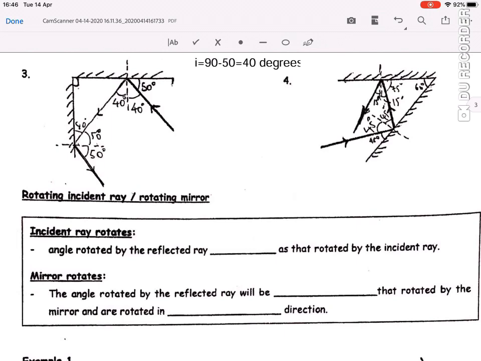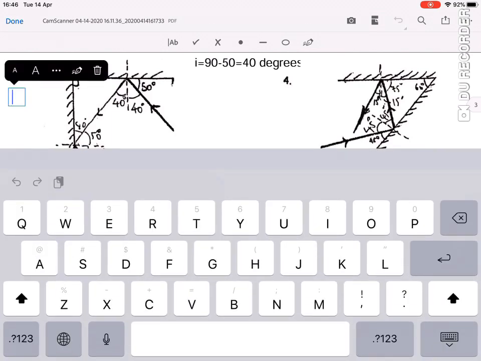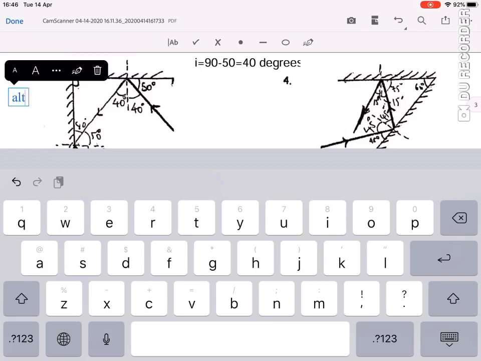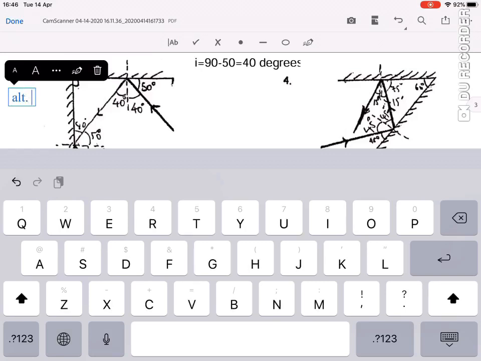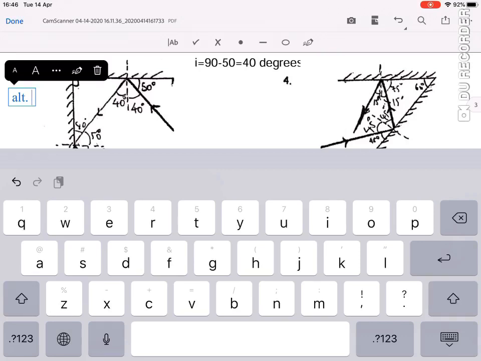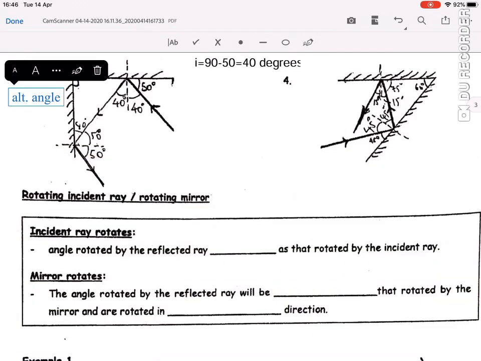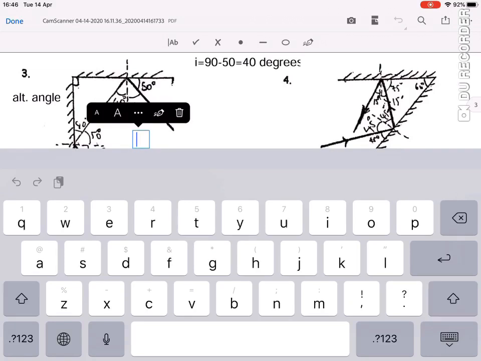Let me just remind you of the alternate angles. From the triangle's property, alternate angles, you see that 40 degrees, and then you need to draw in the normal line again with the dotted line. From that, we will be able to calculate what R is.